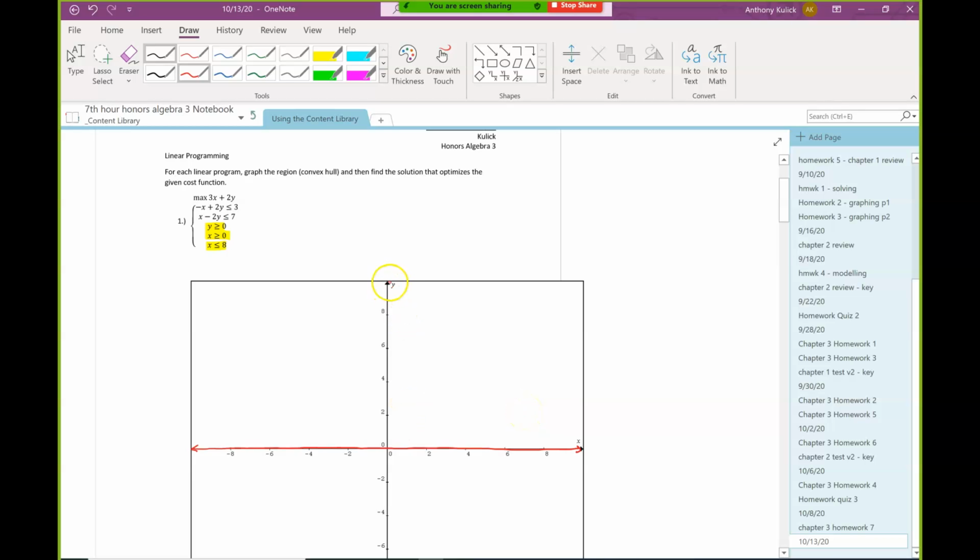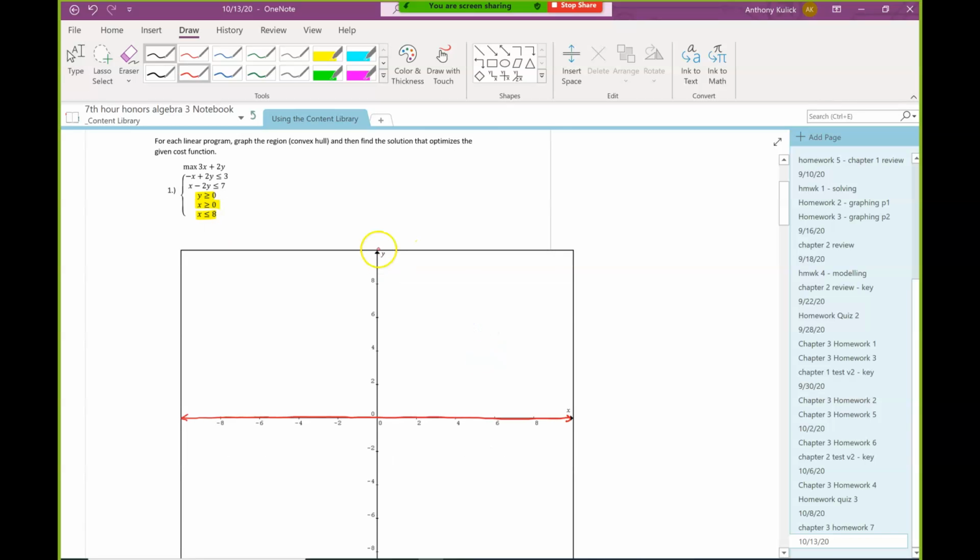X greater than 0, or really the line x equals 0, is the y-axis. So x greater than 0 is everything to the right of the y-axis. So really now the overlapping region is the first quadrant.